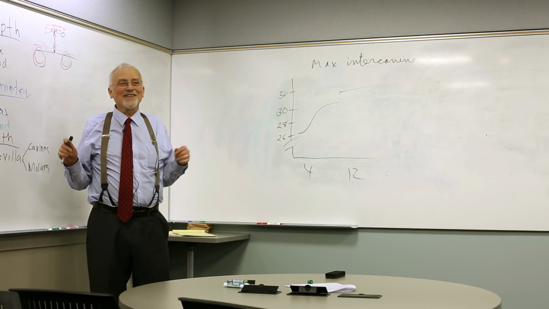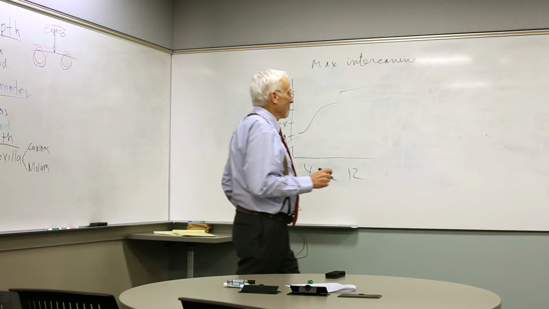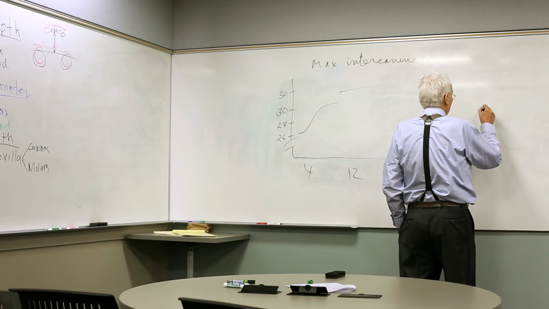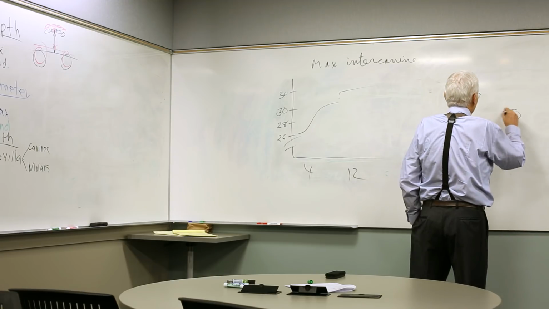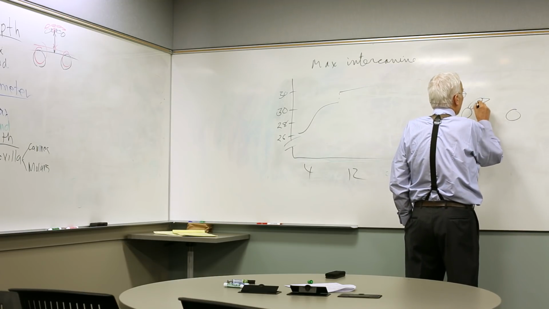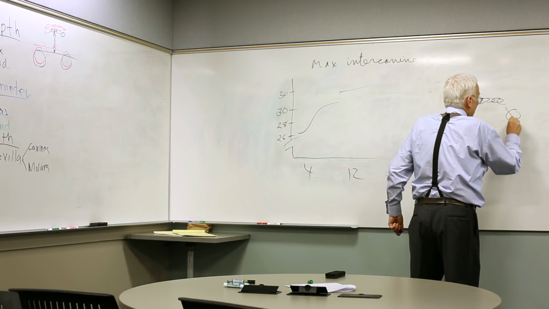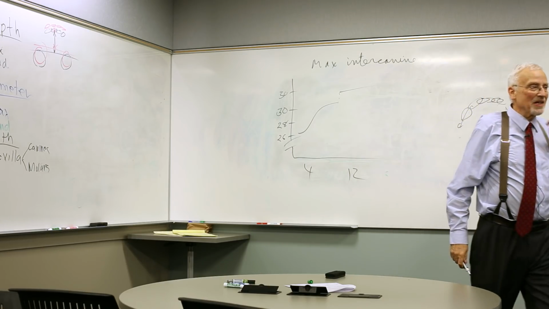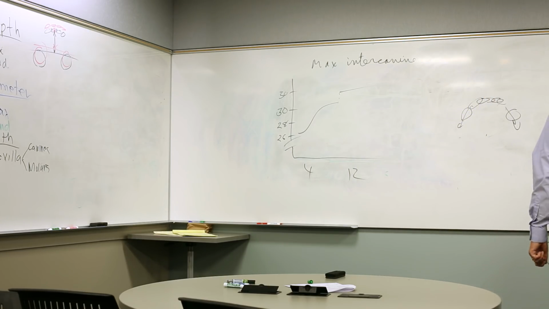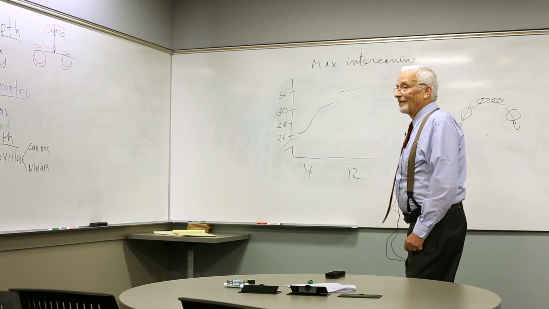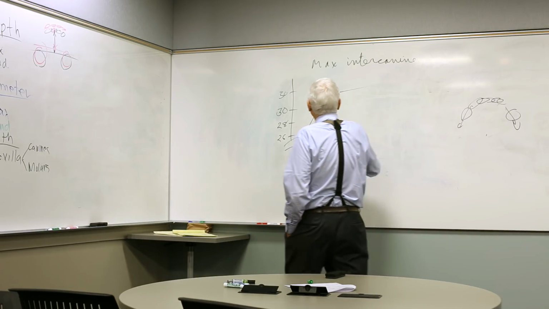The eruption of the incisors. Because the deal is, if you have canines here and the incisors, the incisors erupt. They push the canines distally into a wider part of the arch. So that's, again, incisor eruption.